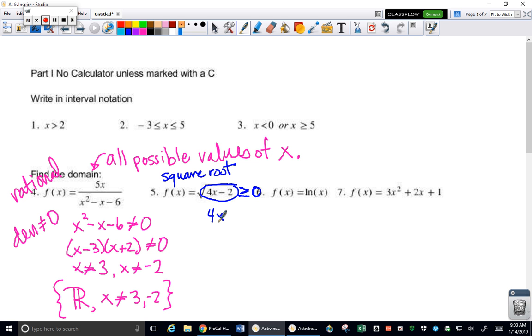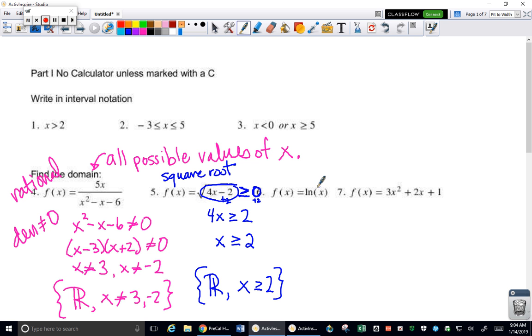So we want to know what numbers, when multiplied by 4, are bigger than positive 2, which means all numbers bigger than or equal to positive 2 when I divide both sides by 4. So all numbers as long as x is bigger than or equal to positive 2. So radicands cannot be negative, so we have to throw out all the numbers that will make the radicand negative.